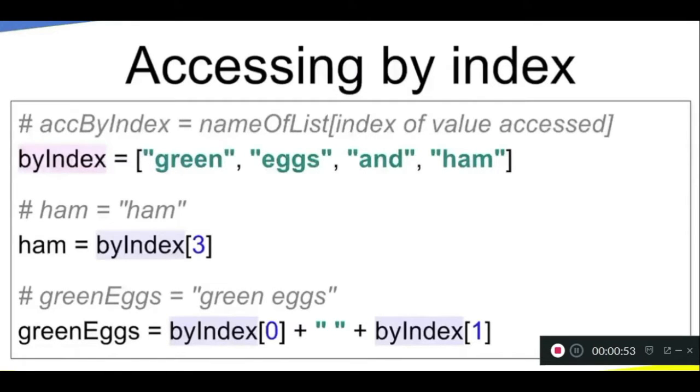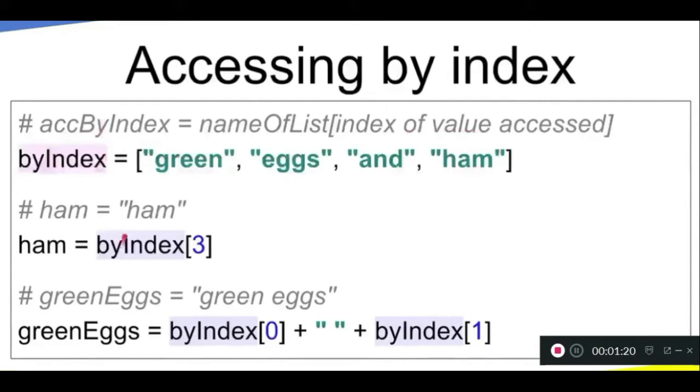Like over here we have the list named green, egg, and, ham. If you want to access the third element, similarly as we have seen earlier in the index, the first element is the 0th, the second is the first. So green would be the 0th, egg would be the first, and would be the second, and ham would be the third.